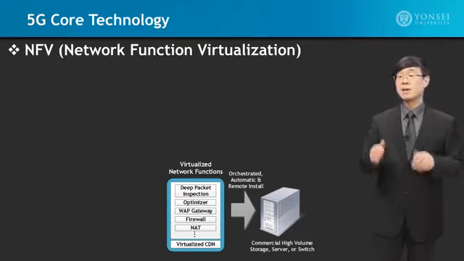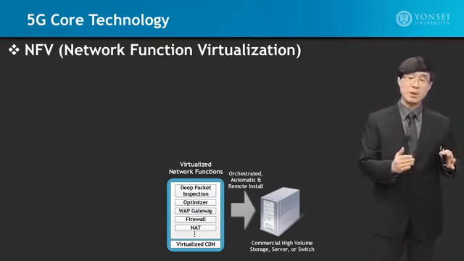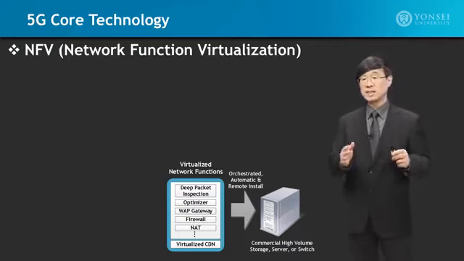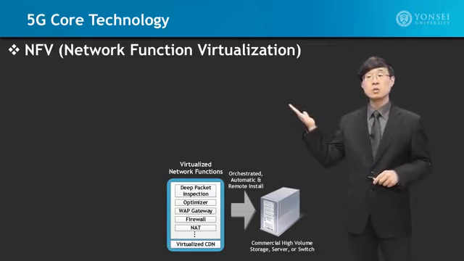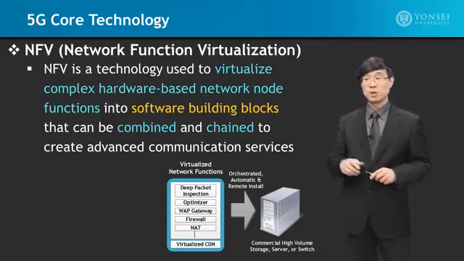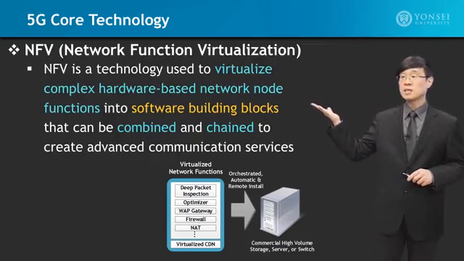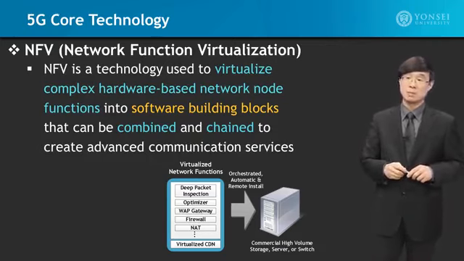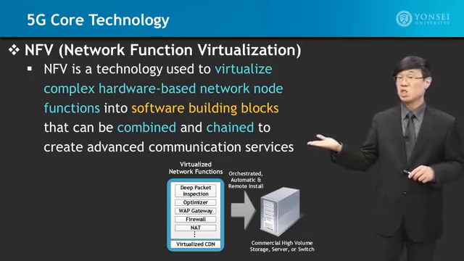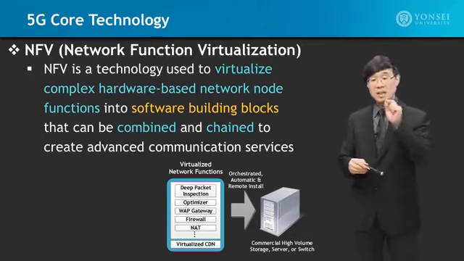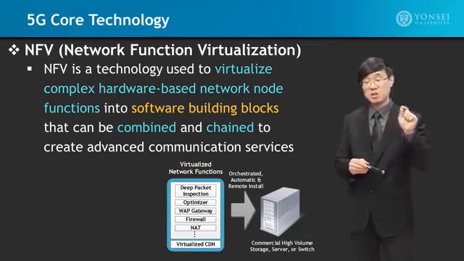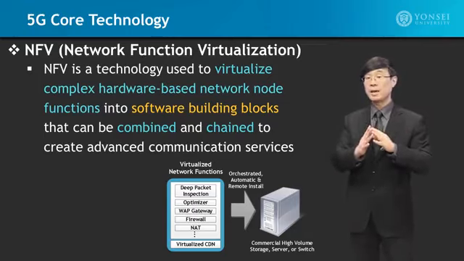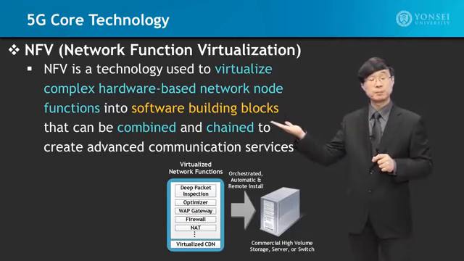But instead of having an MME, a serving gateway, a PDN gateway that has this unique functionality in a single block, we're going to use network function virtualization, where you virtualize complex hardware-based network node functions into software building blocks that can be combined and chained. So in other words, if I need this function, then this function, then this function, then this function, then I combine them together in a way that creates a service chain.